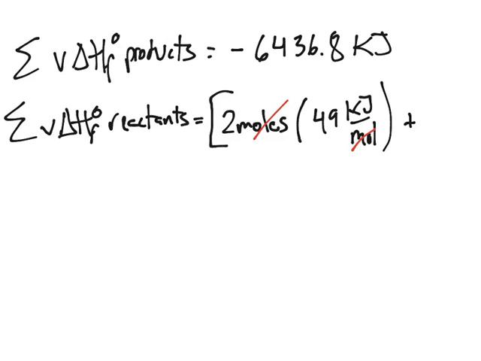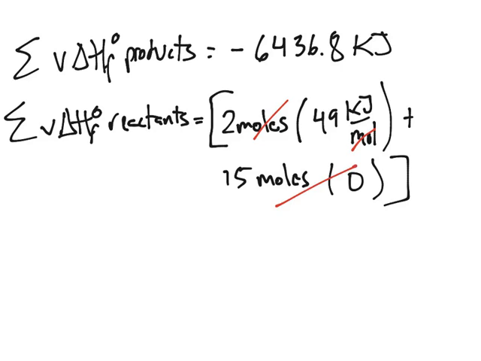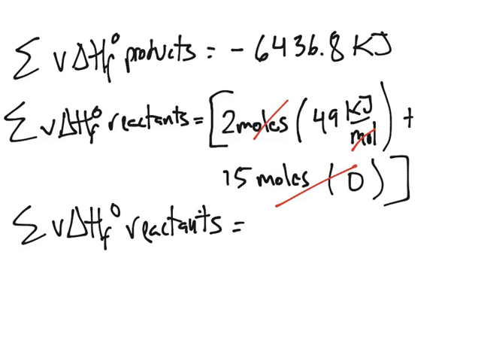And our second reactant is oxygen. And we have 15 moles of oxygen. Because it's just oxygen, in its diatomic form, it has an enthalpy of formation of 0. So you could just say all of this goes away, leaving us with the sum of the reactants, in this case, about 98 kilojoules, because it's just 2 times the 49.